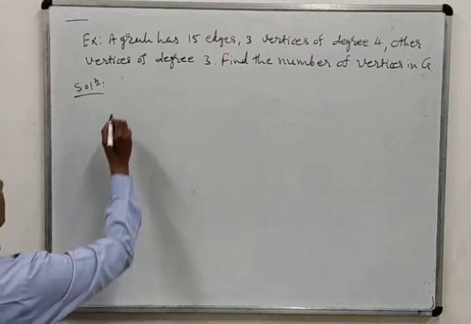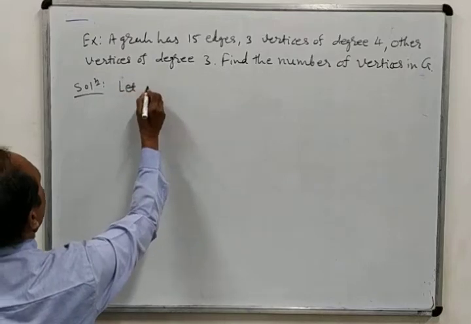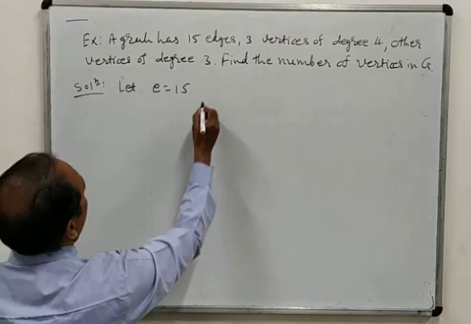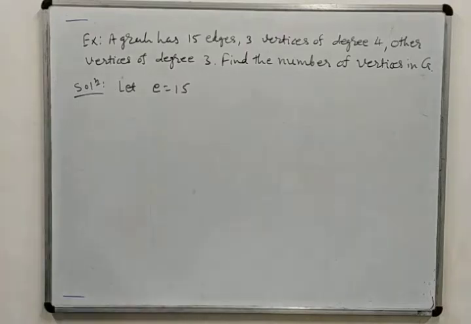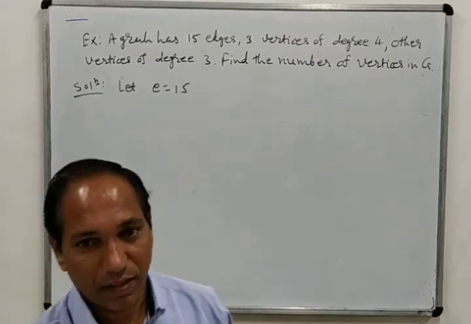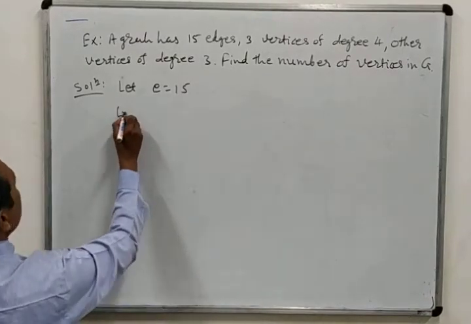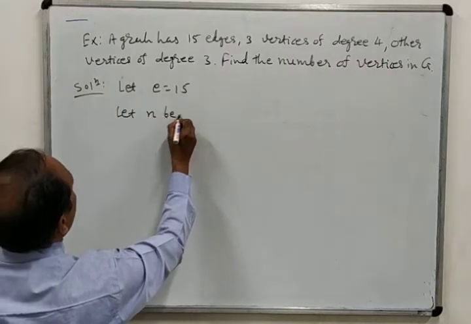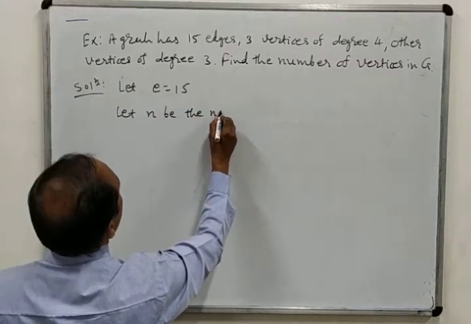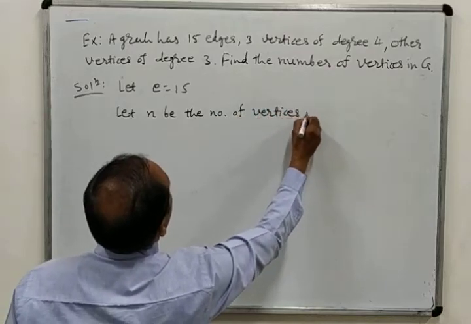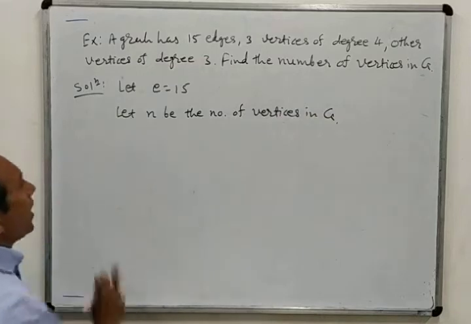So first of all we will note down that E equal to 15, that means total number of edges. 3 vertices are of degree 4 and other vertices are of degree 3. That means the concept of degree is given. Let n be the number of vertices in G.